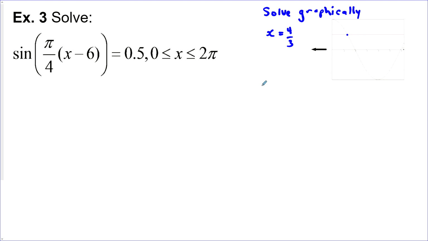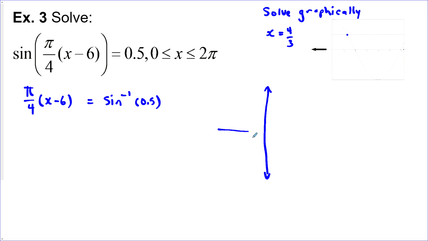But let's say we wanted to do this question algebraically. Should be easy enough since this is a value off the unit circle that we know. So let's take the sine inverse of both sides and look at our unit circle for where sine's ratio is positive 0.5.